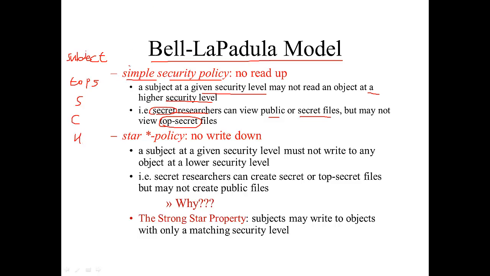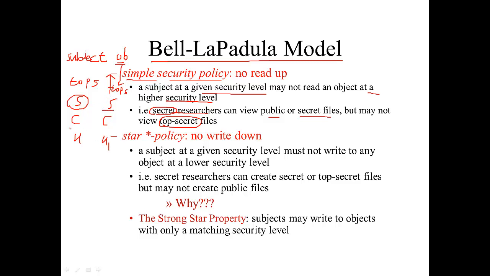For the object, we also have top secret, secret level, confidential level, and unclassified level. So the secret level subject cannot view the top secret level. It can only view the same level or the lower level.